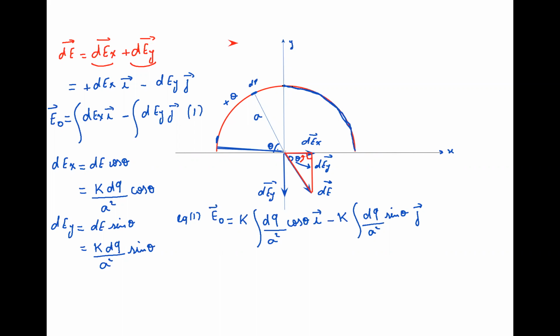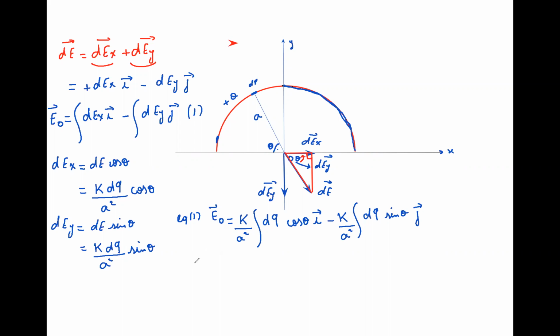A is constant, so we can take A square out of the integral.